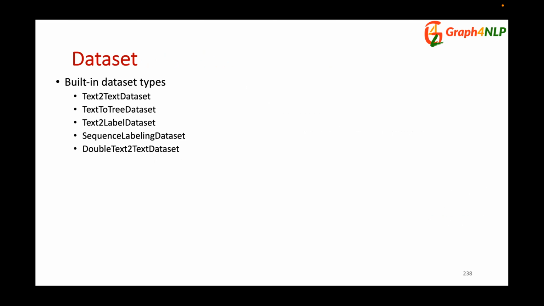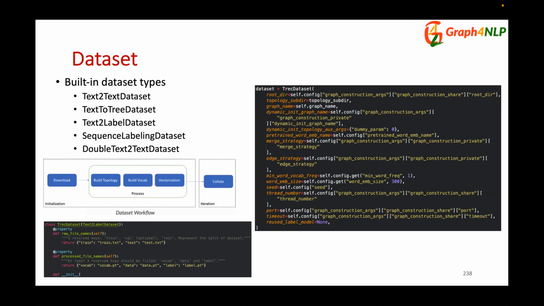Based on the built-in low-level dataset APIs, users can easily build their own dataset API by inheriting the low-level APIs. Here, we build the check dataset API based on the text to label dataset, because we want to use that dataset for the text classification task.